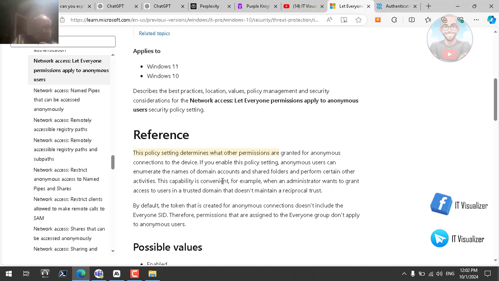This capability is convenient, for example, when an administrator wants to grant access to users in a trusted domain that doesn't maintain a reciprocal trust. Okay. By default, the token that is created for anonymous connection does not include the Everyone SID. Therefore, permissions that are assigned to the Everyone group do not apply to anonymous users. So this is what we are focusing on.